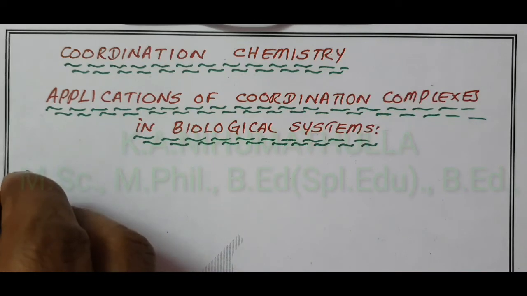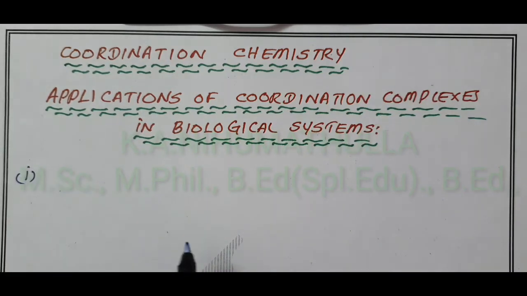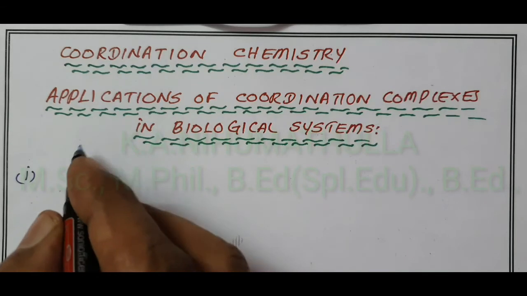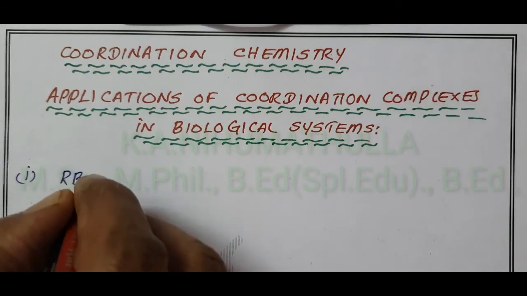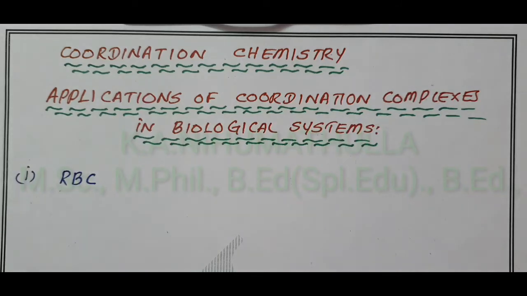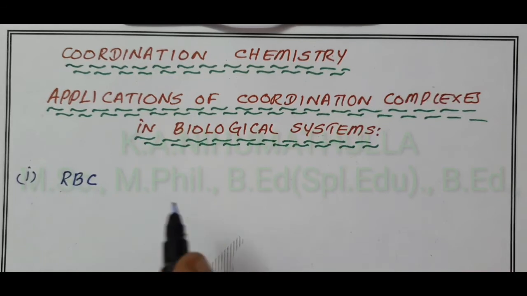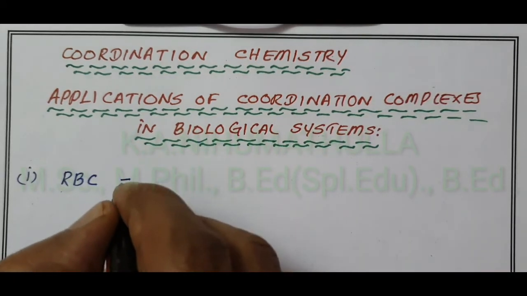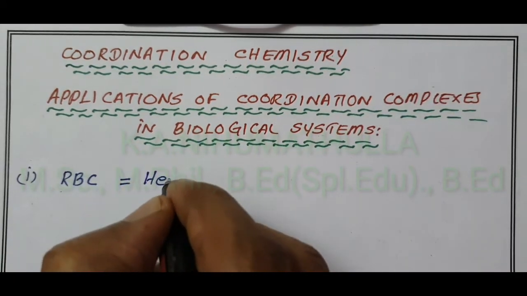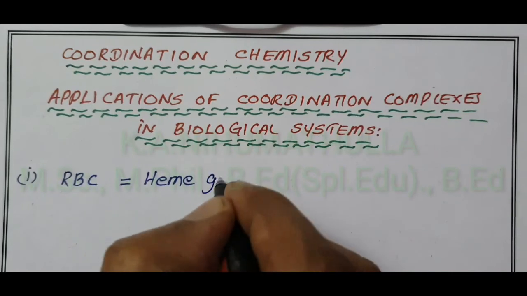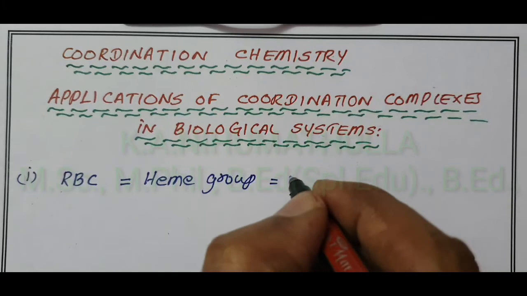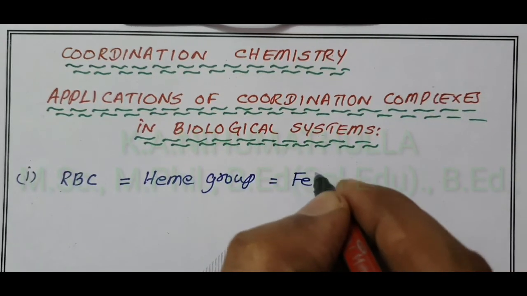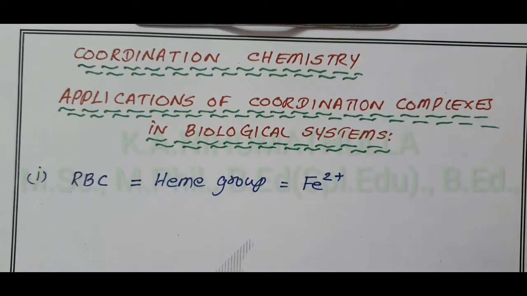The most important application of coordination complexes is in RBC, red blood corpuscles, which is composed of heme group. In the heme group, the central metal ion is Fe2+ ion, the ferrous ion.